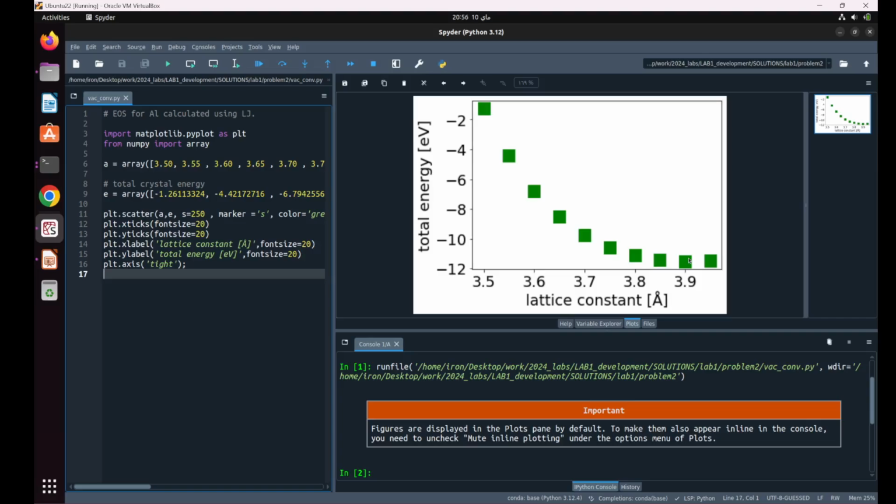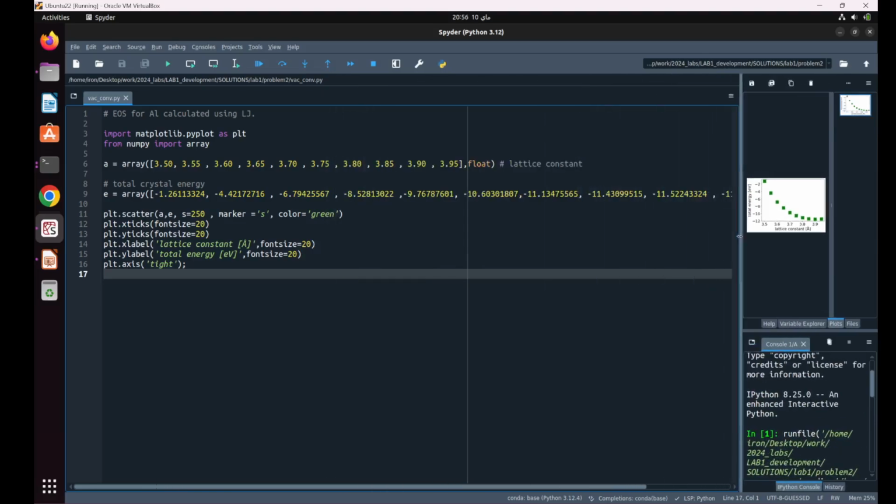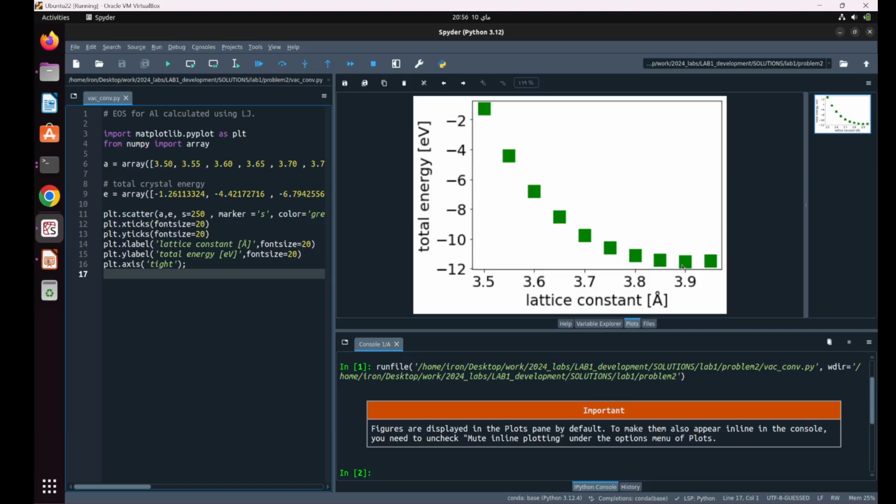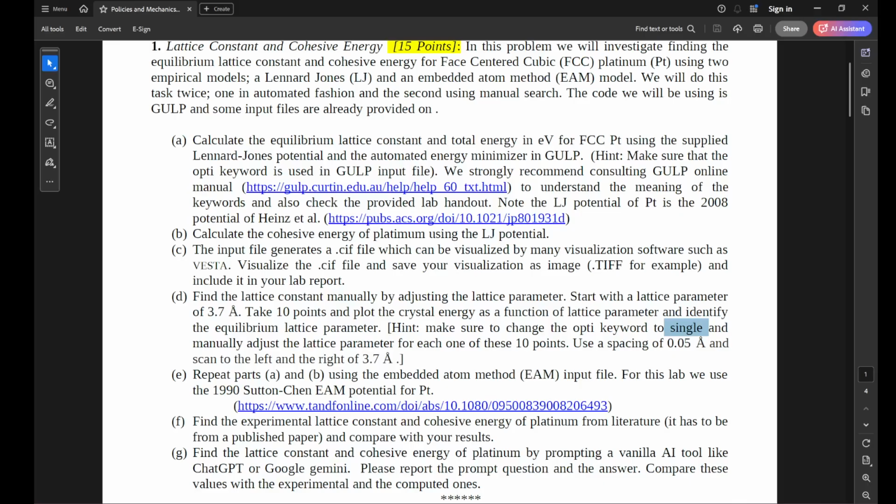If the eye inspection is not good enough for you, you can actually inspect the numbers themselves here to convince yourself. And this is really close to what the software has obtained automatically. I believe the software gave us 3.911, right? But this 11 you cannot get by eye. So yeah, that actually answers this exercise.